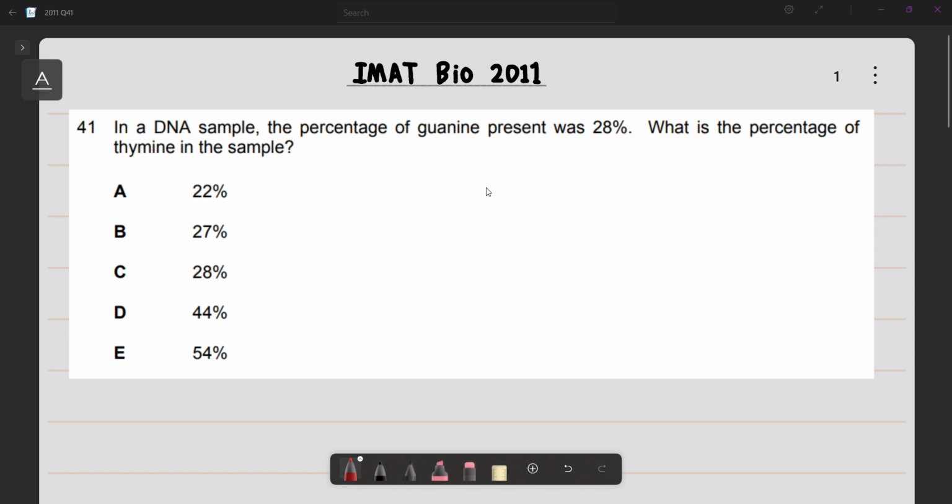Before we move any further, we must recall the important key points. First of all, we know that DNA is made of four nitrogenous bases.